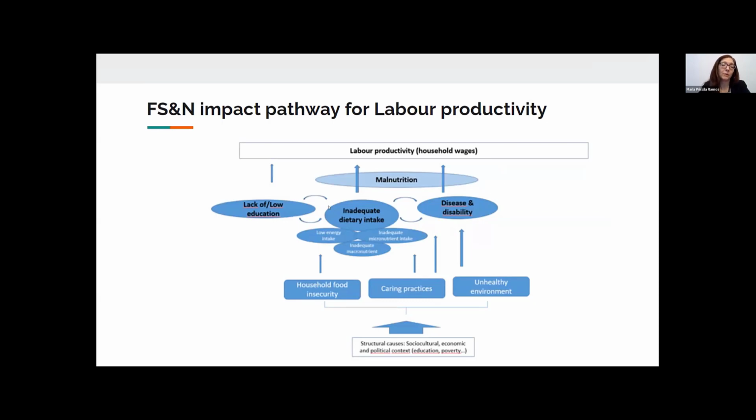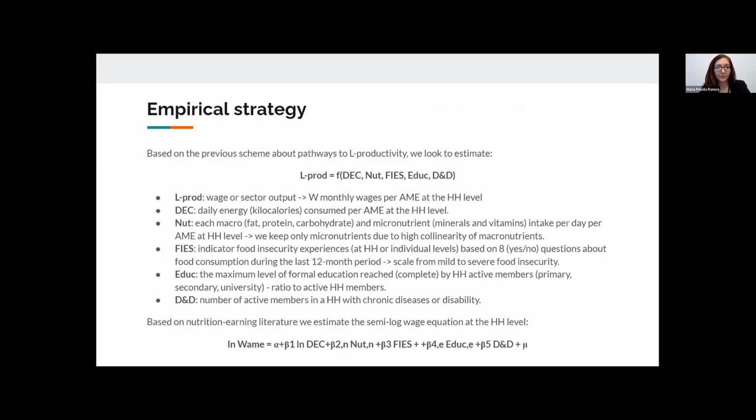And the focus of our research will be to evaluate the impact of inadequate dietary intake on labor productivity, through energy, that means calories, and also in terms of nutrients. And the particular focus of this presentation will be on micronutrients, that means minerals and vitamins.